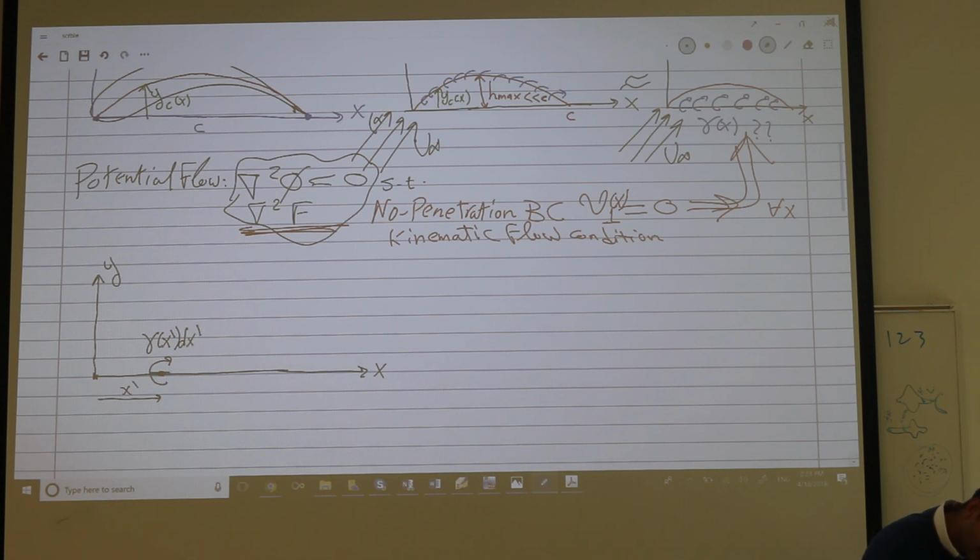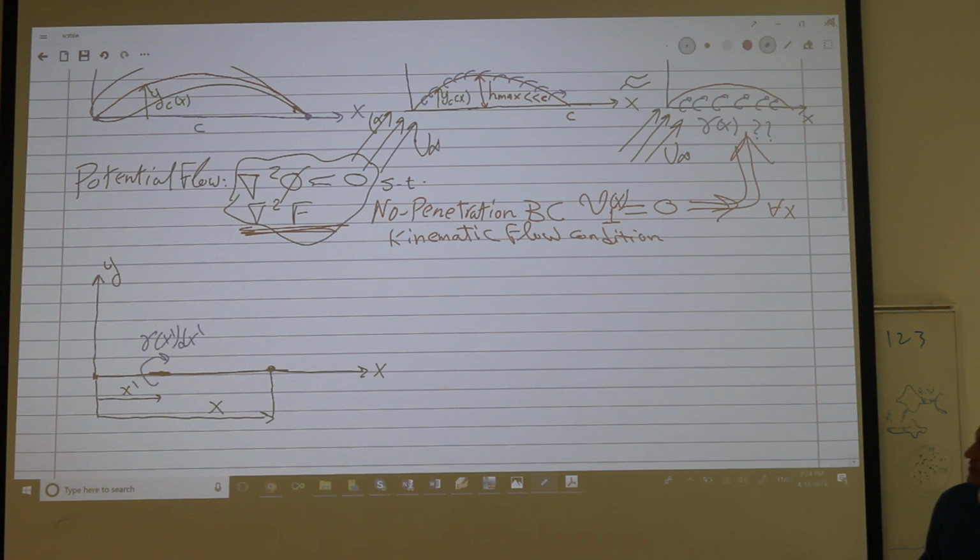So I'm taking a small element here. Okay, so this is your point vortex. And at the generic x, we write gamma of x dash dx dash.